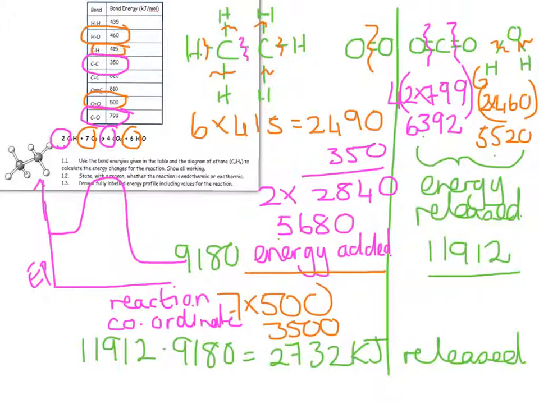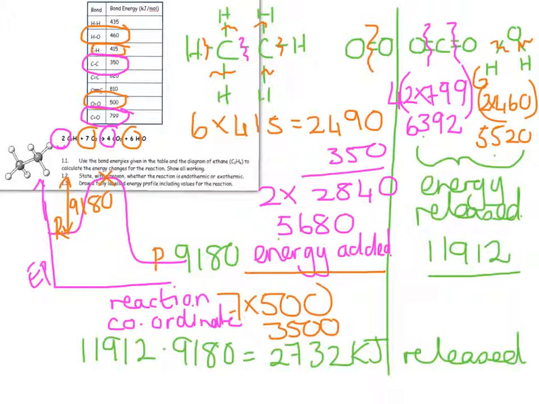How much energy did I need to put in? Remember, that's my reactants, that's my products. So from reactants to the activated complex, I added 9,180 kilojoules.